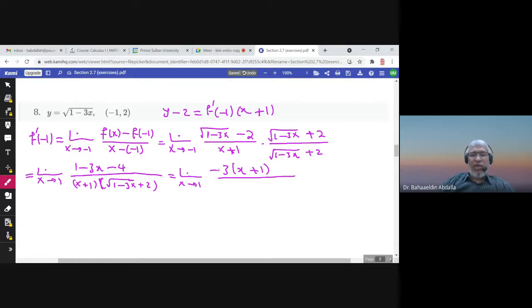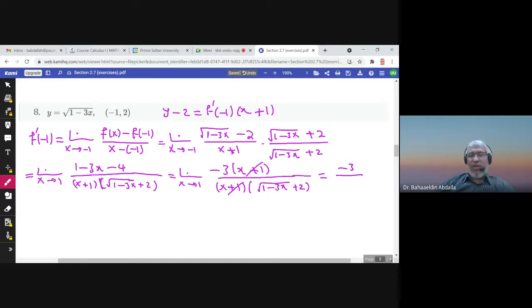Please check it. Okay, this is 1 minus 4, minus 3. If you multiply now, you have negative 3x minus 3. When you take minus 3 as a common factor, you will get plus 1 here. I have x plus 1, and I have the square root of 1 minus 3x plus 2. So these two cancel.